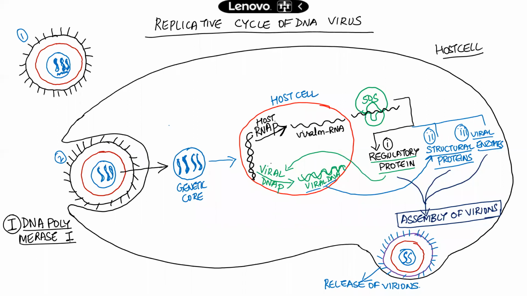The first type is your purine analogs. Now, what are the drugs that you will see in these purine analogs? The drugs are acyclovir. Then you have got valacyclovir.